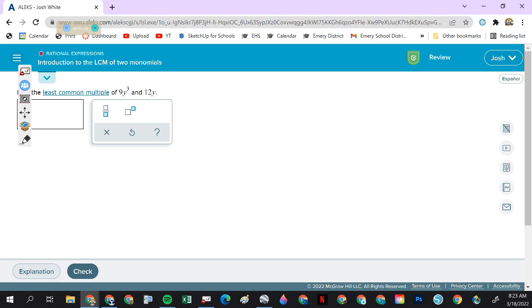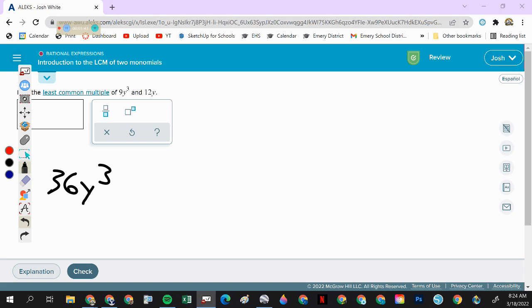You could say 9y to the third times 12y squared, and you get 108y to the fourth, but that's not the smallest one. That's a factor. We're going the other way. We're looking for a multiple. So it actually is 36y to the third. So how do we find that?